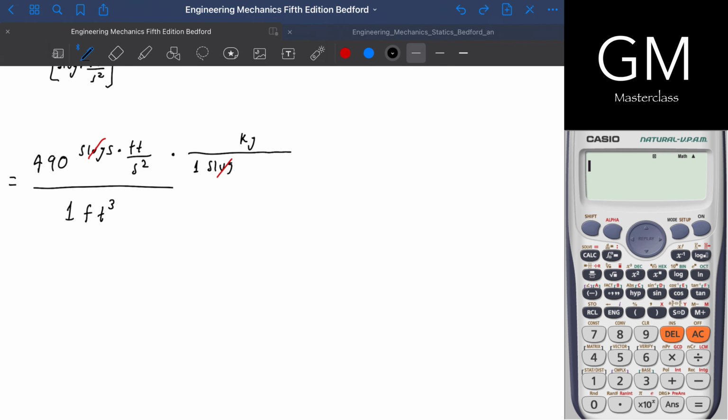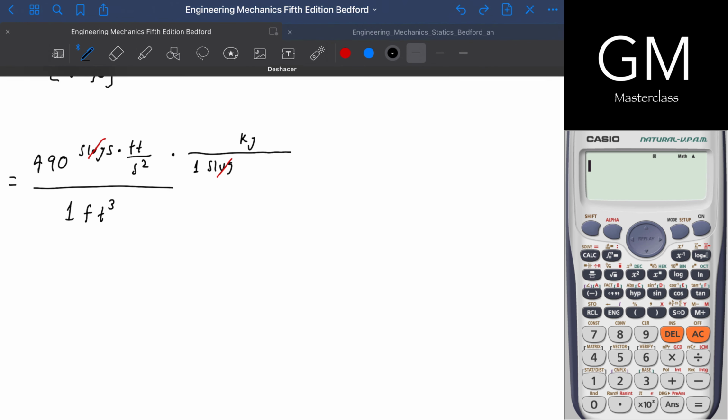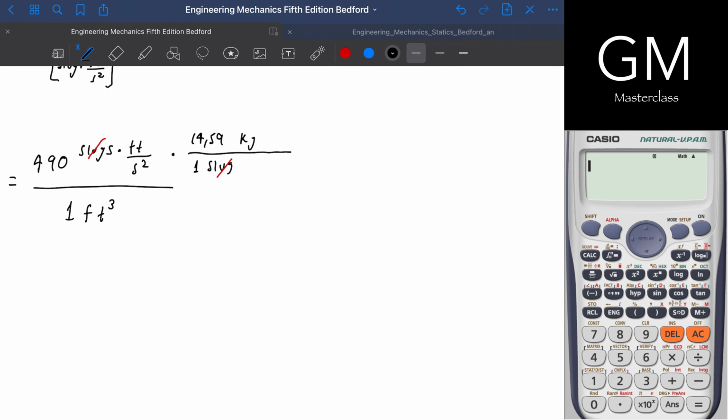And I have to write here an equivalence. So 1 slug is equal to 14.59 kilograms. How do I know this? Because I've memorized it. You can Google it, but you don't have to memorize all the equivalents along the different types of units. You just have to memorize some of them, and then you play with the units.